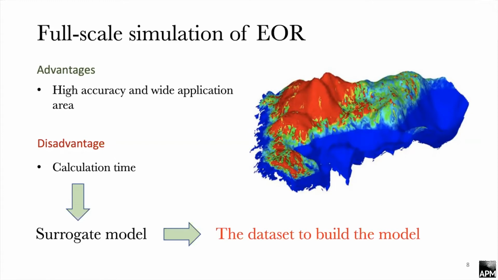So to make it faster, we will try to build a surrogate model that needs the data set from the full-scale simulation, and here we have a big problem to get this data set and to build the model.